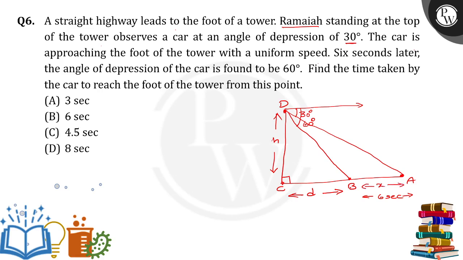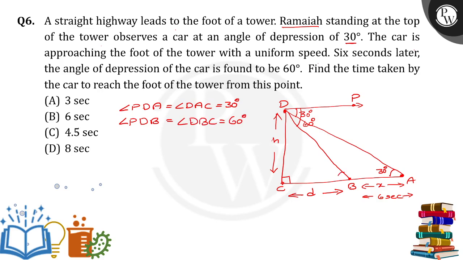Now according to the angle of elevation and angle of depression, let's suppose I am taking this point as P, angle PDA is equal to angle DAC, both are equal to 30 degrees. So this angle is 30 degrees. Along with that, angle PDB is equal to angle DBC, that is again 60 degrees.